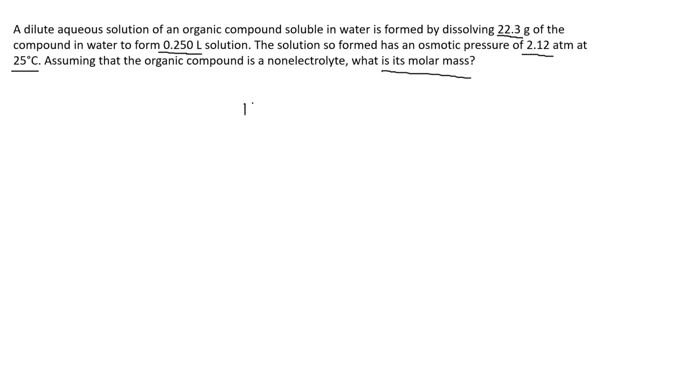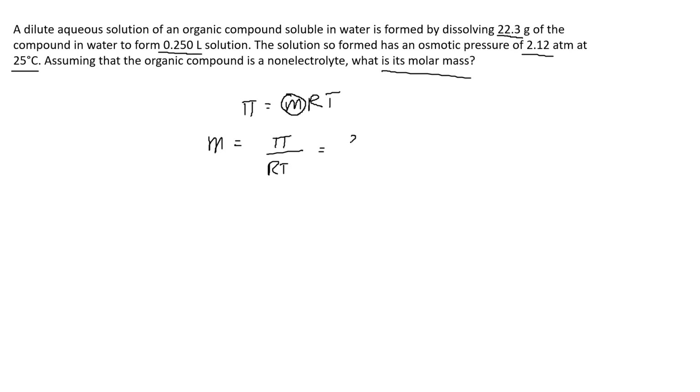So again, we're going to use the same equation, pi is equal to MRT, and the question is asking for the molar mass. So the key here is to rearrange this equation to solve for the molarity. So M will be equal to pi over RT. And then we put the numbers in.